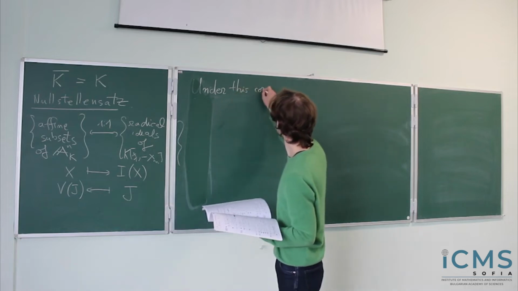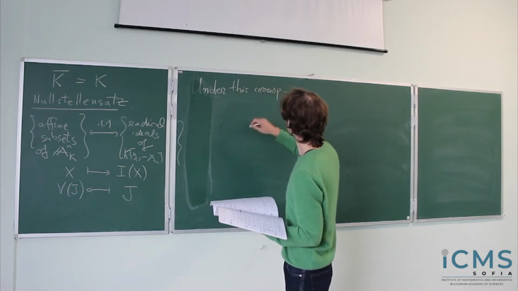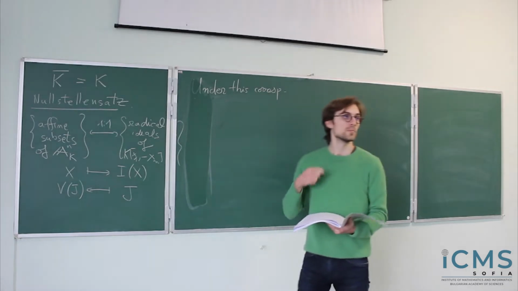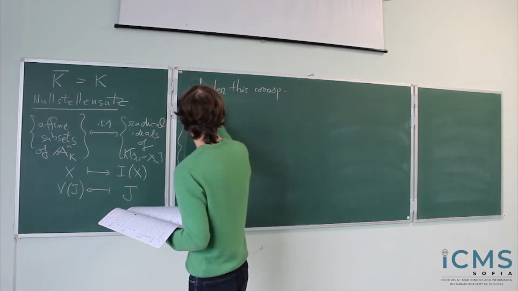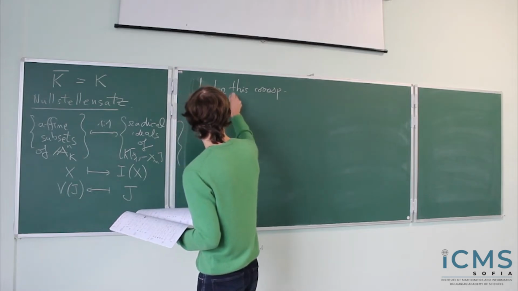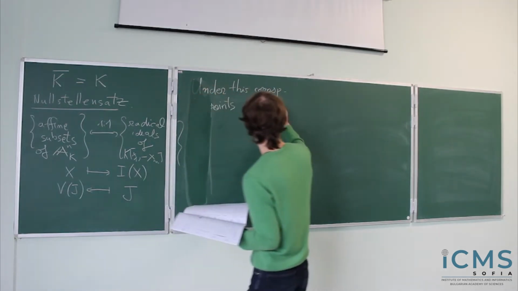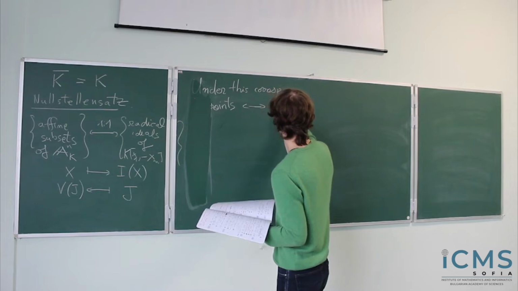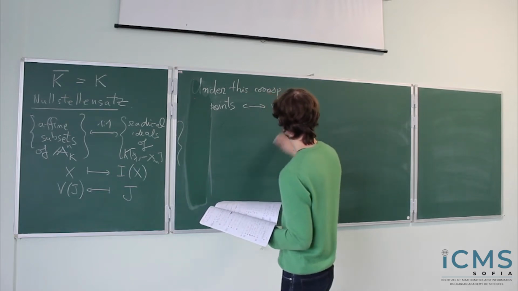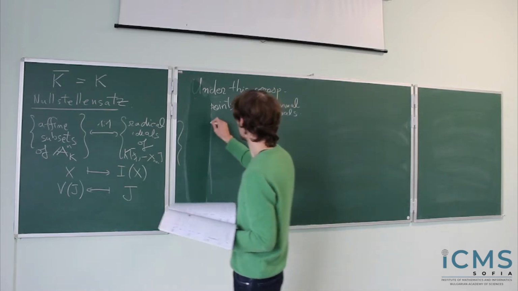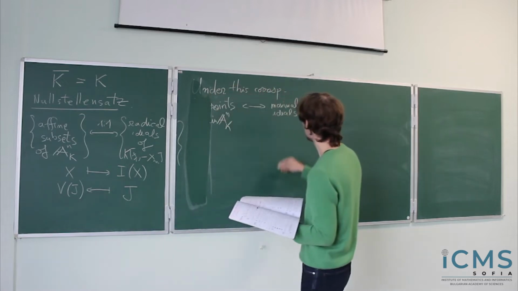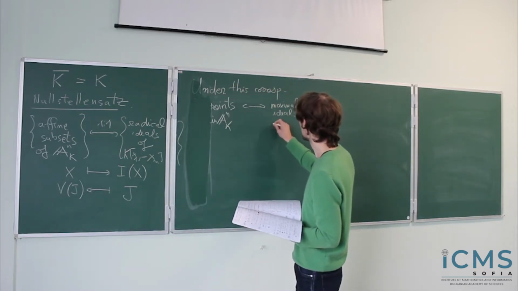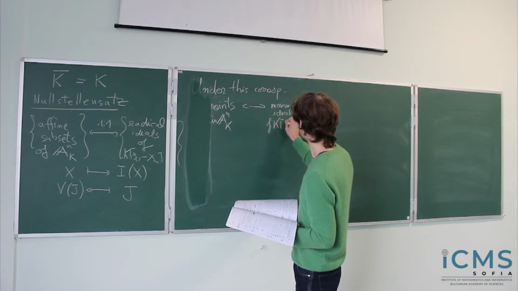Under this correspondence, points correspond to maximal ideals. So these are points of K^n, and these are maximal ideals of K[x1, ..., xn].